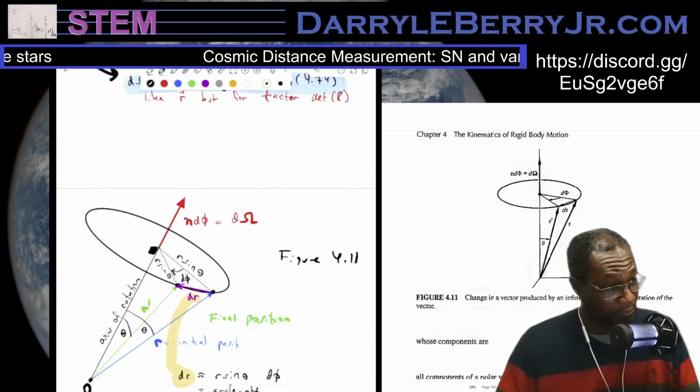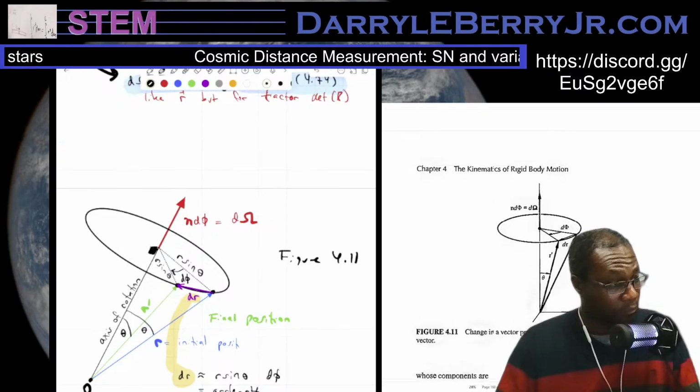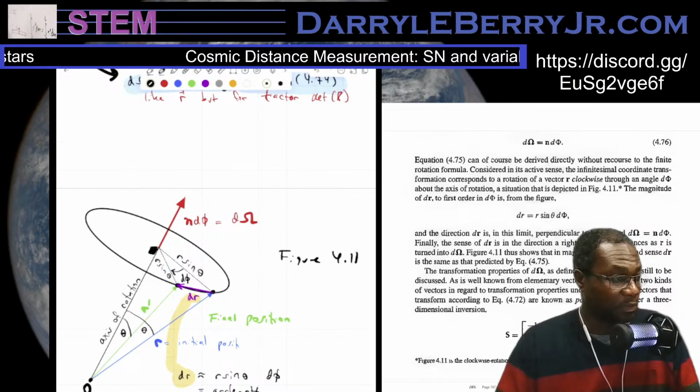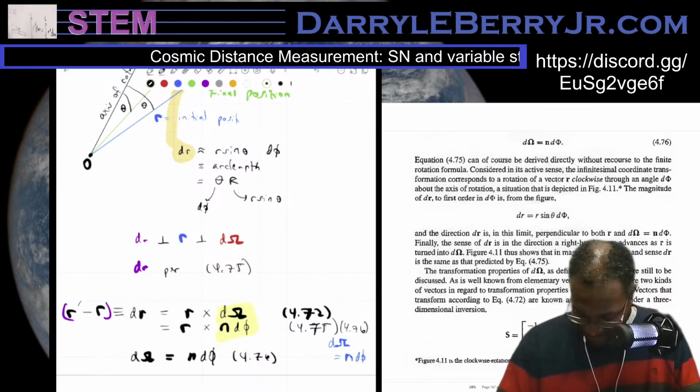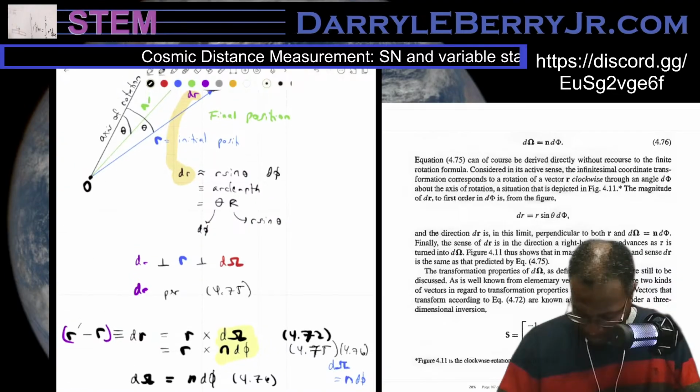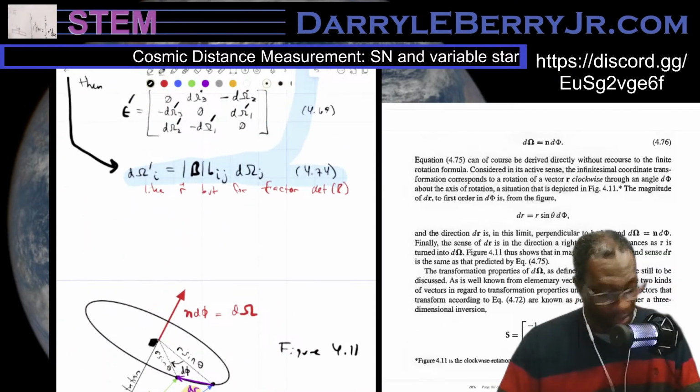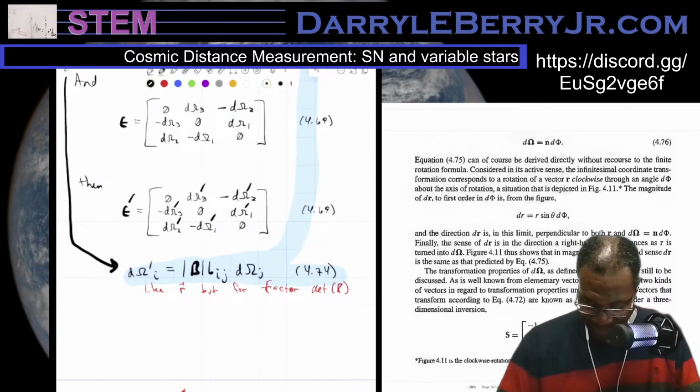That's what I drew there. This shows that the magnitude, direction, and sense of the vector dr is the same as that predicted by equation 4.75. I actually don't see how they got that from the derivation.